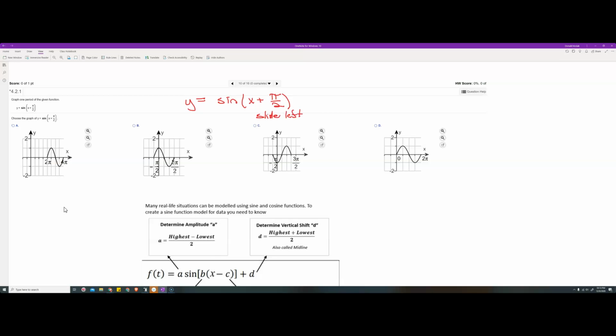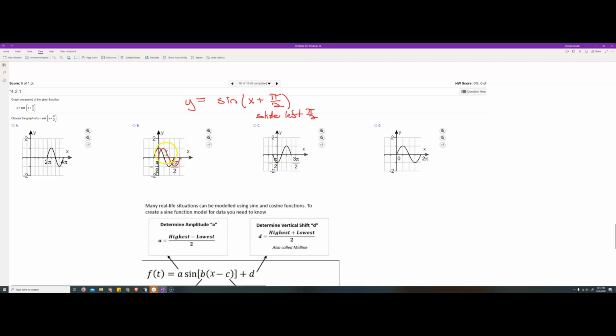All right. So I'm going to draw a normal sine graph, and if you look at these numbers here, let's do this one right here. So a normal sine graph would look like this. That's pi over 2. There's pi, 3 pi over 2, 2 pi.